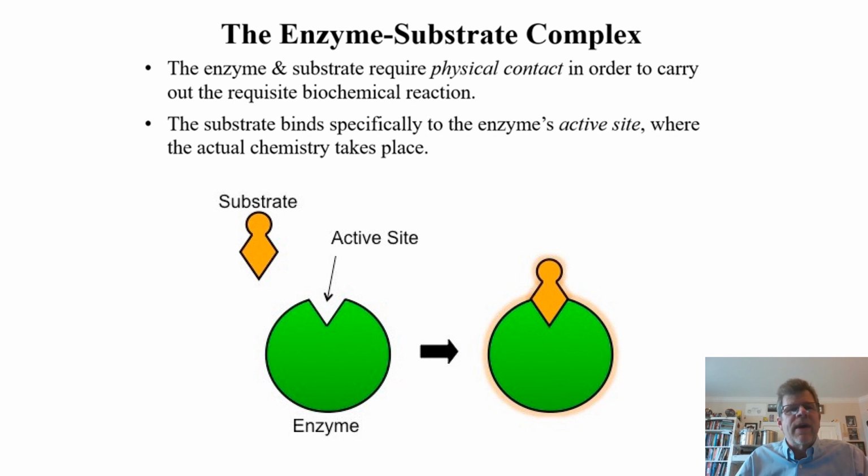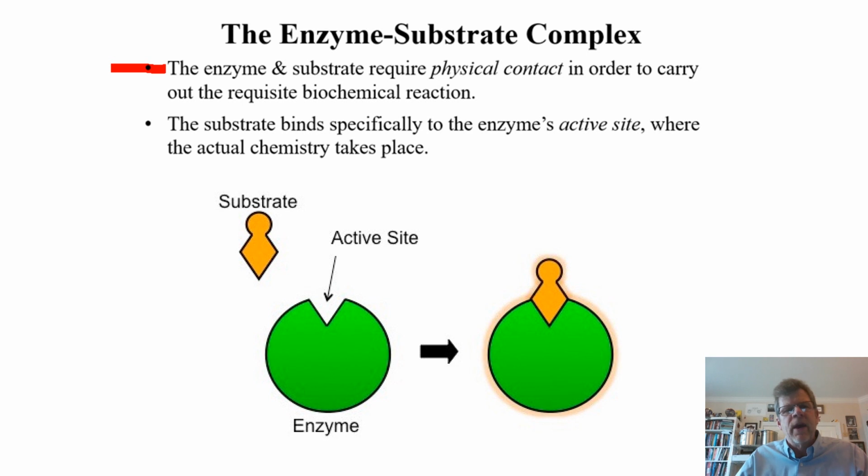The first thing we have to realize is that the enzyme and substrate must be in physical contact. Physical contact, that is important. Also, if you look at the diagram here, and this is again a very representative, fanciful drawing, typically an enzyme is orders of magnitude larger than its preferred substrate, as given in this representation right here.